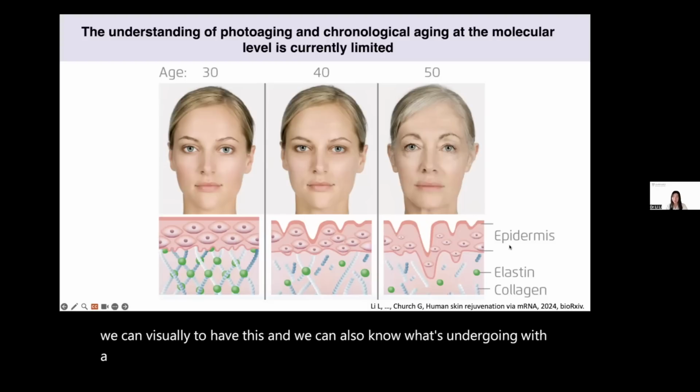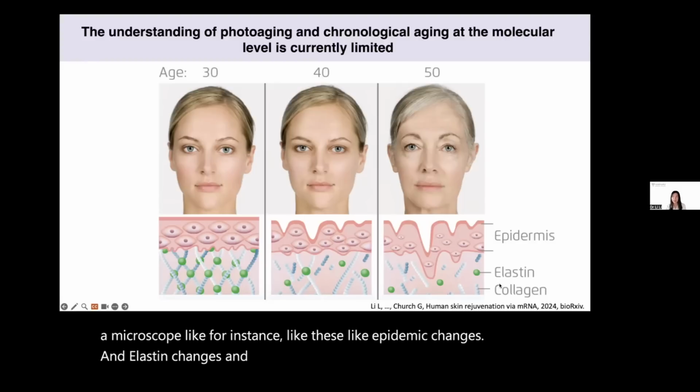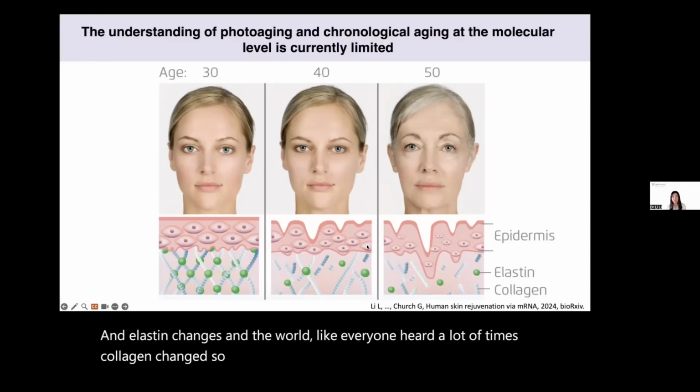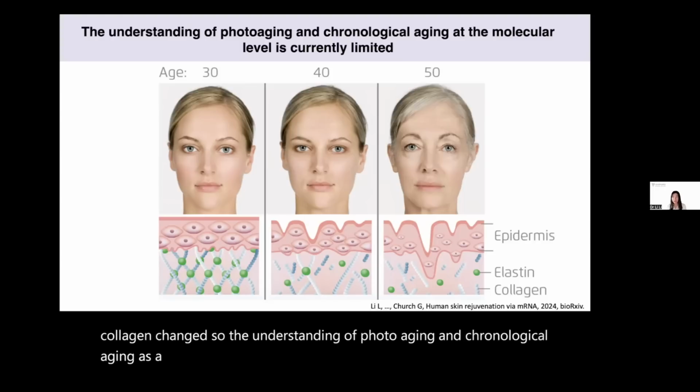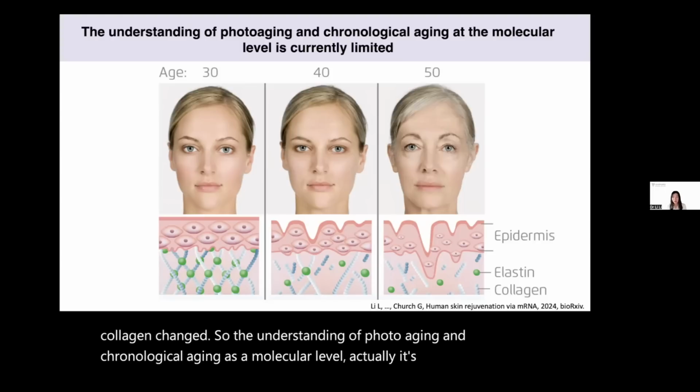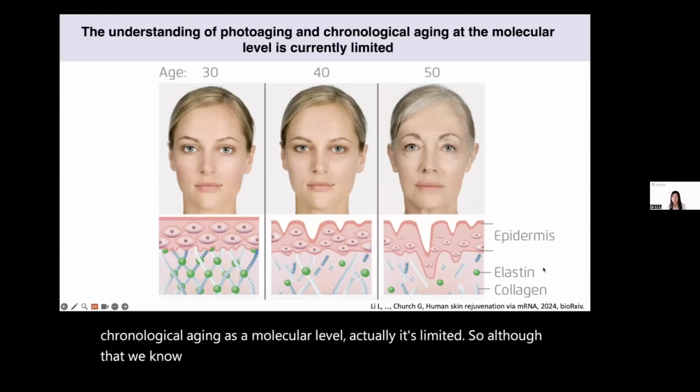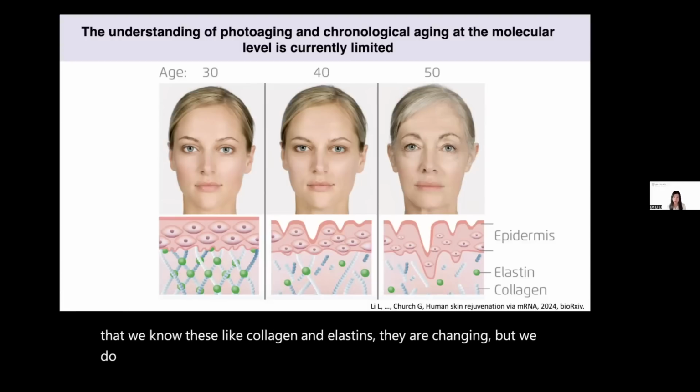For instance, epidermis changes and elastin changes, and the word everyone has heard a lot, collagen changes. The understanding of photoaging and chronological aging at the molecular level is actually limited. Although we know that collagens and elastins are changed, we do not know which specific genes are involved in the aging process.